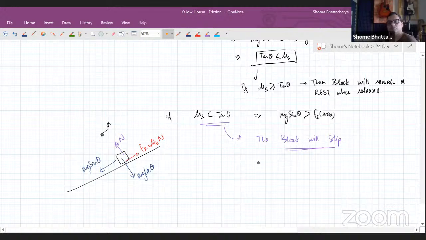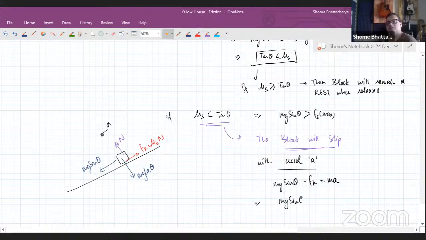Okay, so it will slip with acceleration a such that mg sine theta minus kinetic friction is equal to ma. So mg sine theta minus mu k into normal reaction is equal to ma.